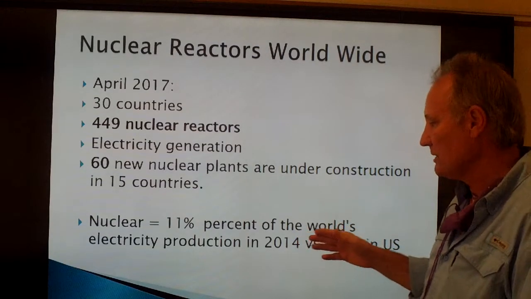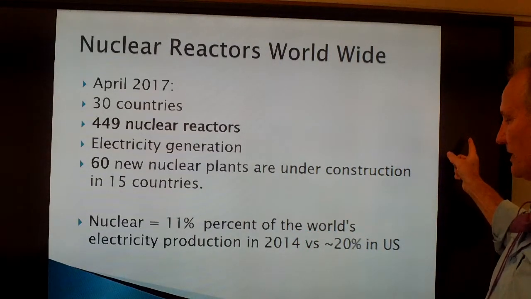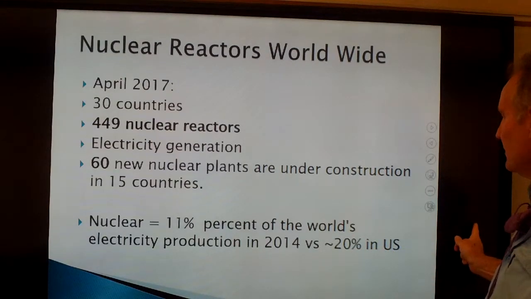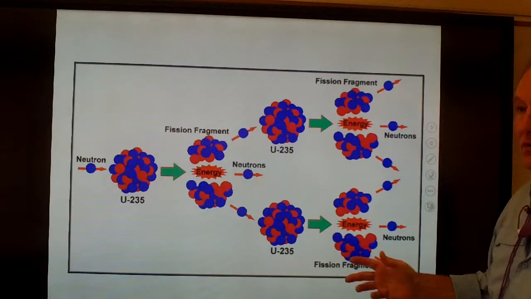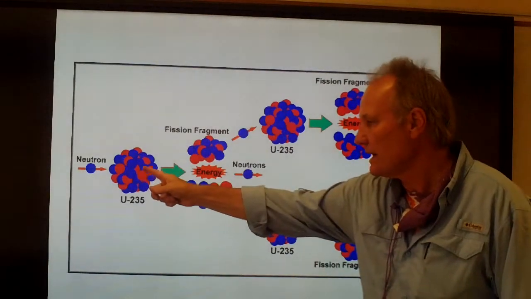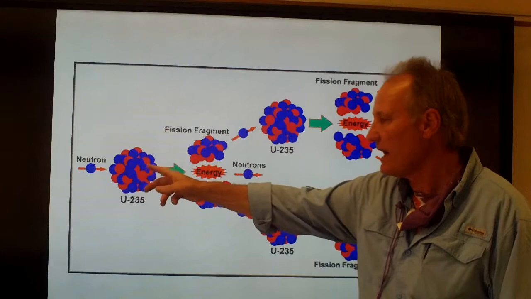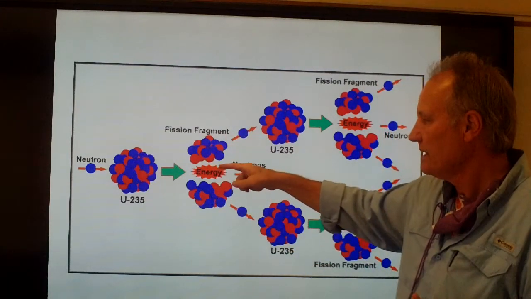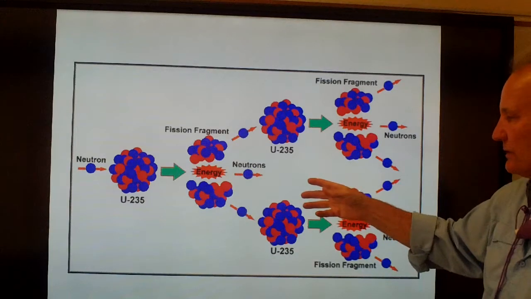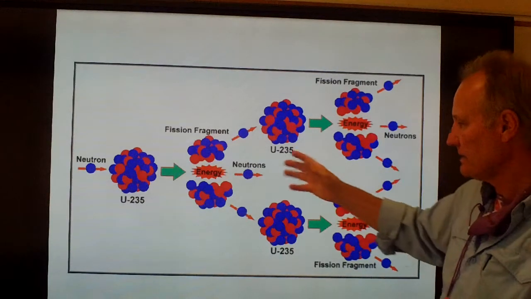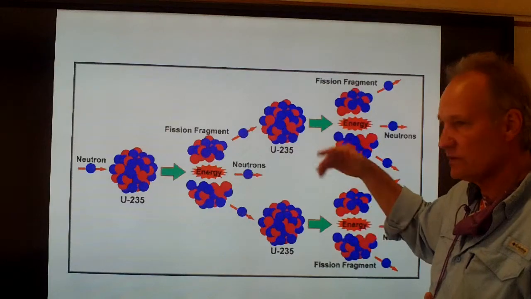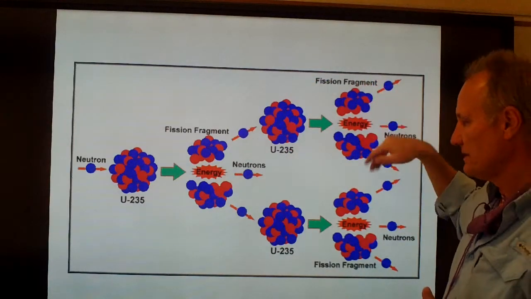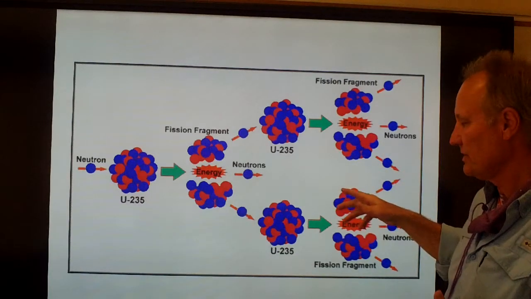And that's about 11% worldwide of the production in 2014 versus 20% in the United States. Okay, how does nuclear work? So we send a neutron into a U-235 atom, and it smashes and splits it apart. When it splits apart, all of this energy is released, along with neutrons, and then that heat energy can be used, as we saw before, to heat up water, which then heats up other water, which then runs steam and runs a generator.